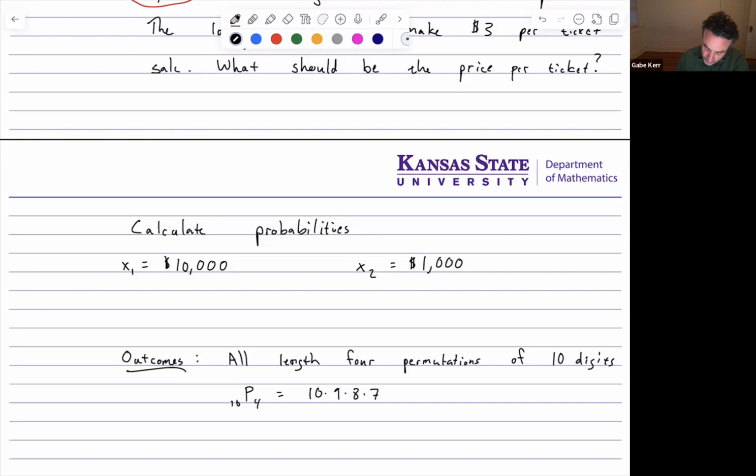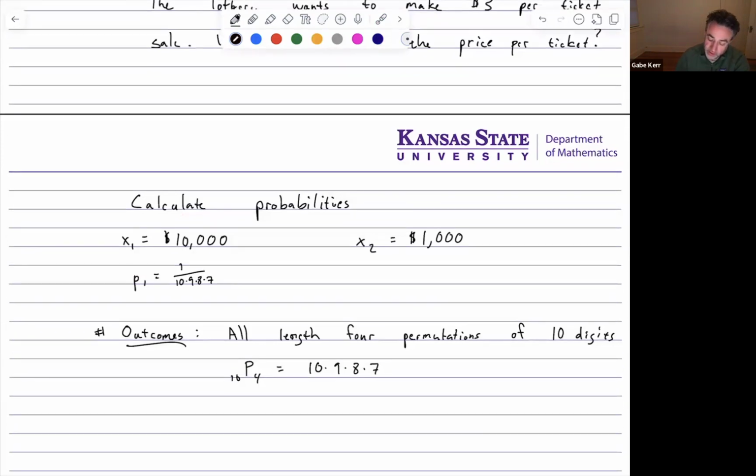That's the total number of outcomes. And then there is only one that gives us this payoff. In other words, you need to choose exactly one of all of these to get that payoff. So the probability here is 1 over 10 times 9 times 8 times 7. I'm just going to write it out that way.